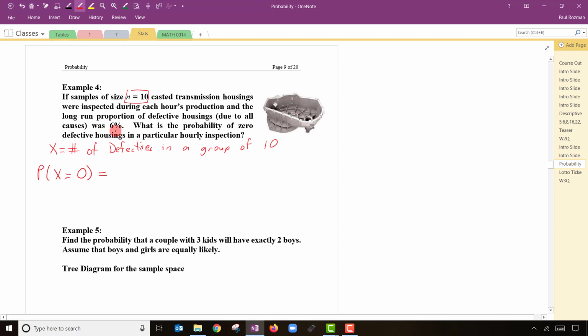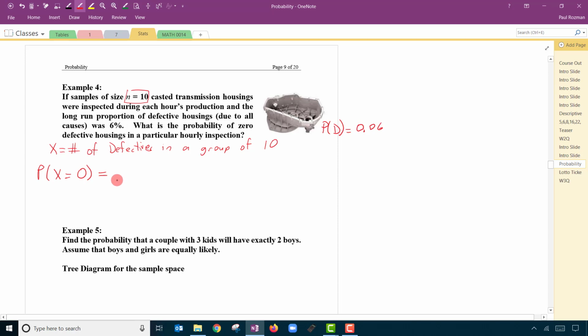So on average, your probability of being defective is 6%. But in order to get 0 defectives, we need them all to be good.